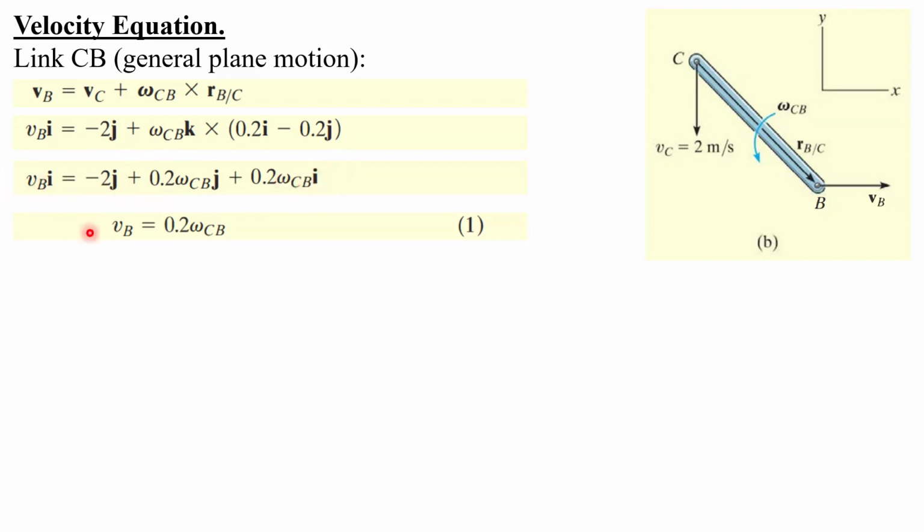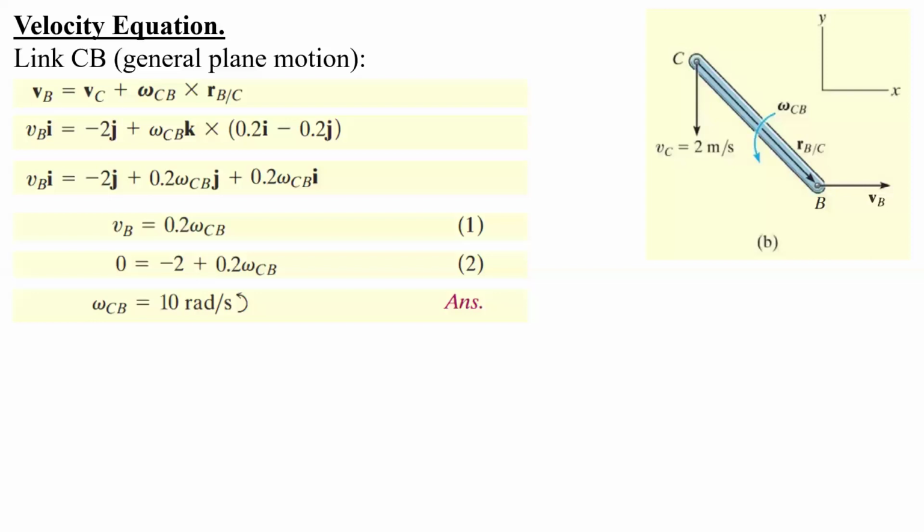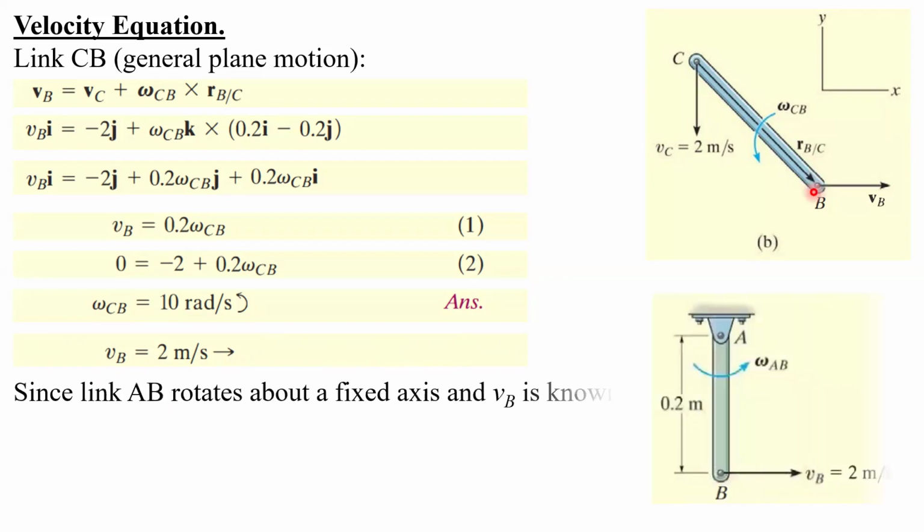These are the two components, the x direction and the y direction. From there, we can find that omega CB is 10 radians per second. And then VB, that is the velocity at this point, is 2 meters per second.